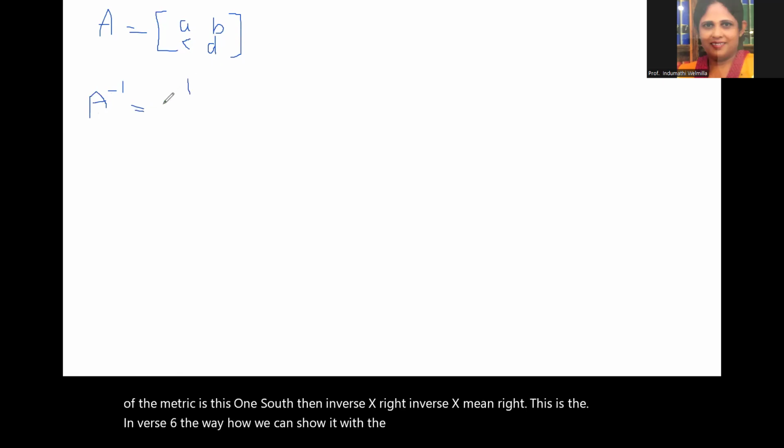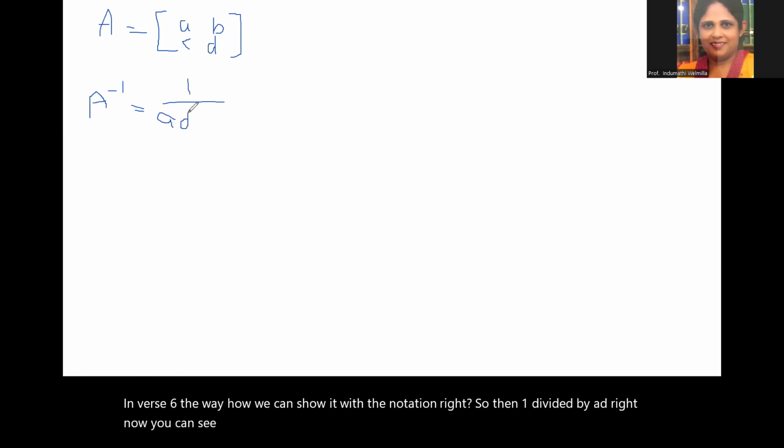1 divided by AD minus BC. Here, AD means you have to multiply the A value in our given matrix and the D element.